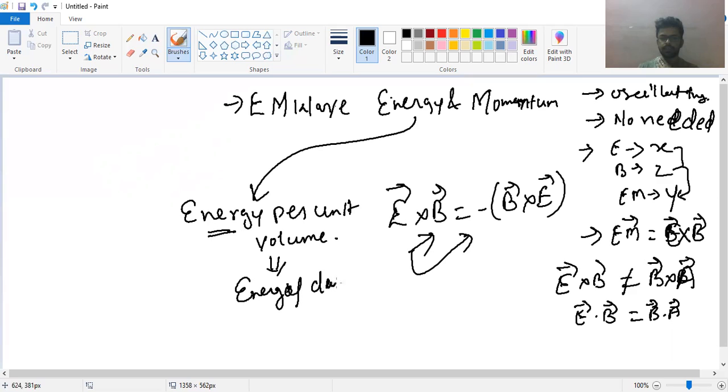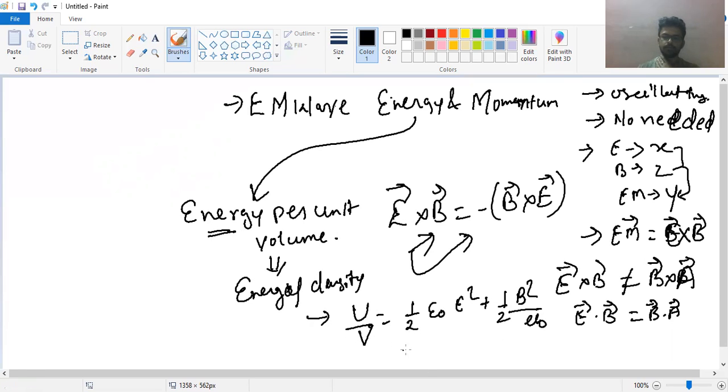Energy density, and how is it given? Energy per unit volume is given as half epsilon E square plus half B square by mu. How is it given like this? Because when we studied electrostatics, dealing with electrostatic potential and electrostatic energy, we read the energy density.